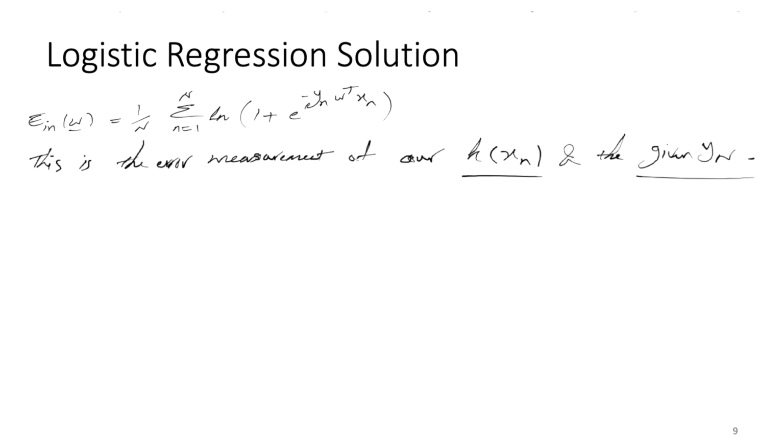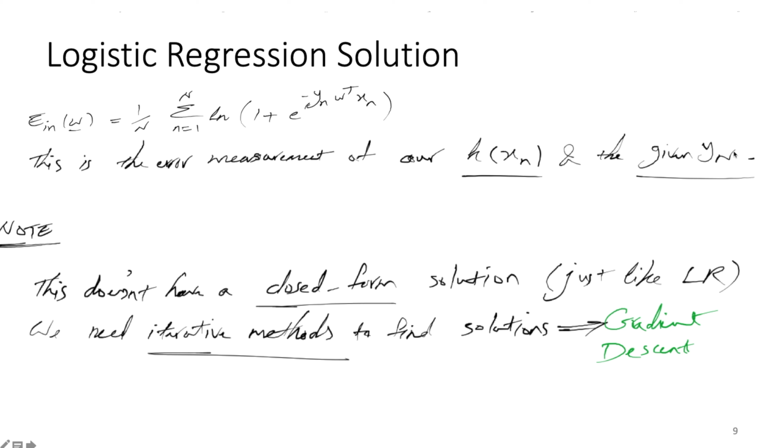So as I mentioned, that was the error measurement of our hypothesis h of xn and the given y of n. It doesn't have a closed form solution, but this one had a closed form solution.